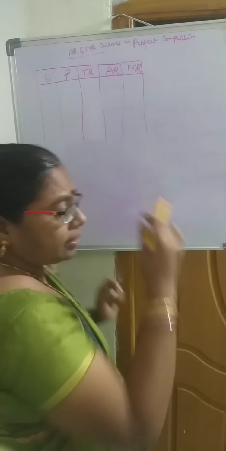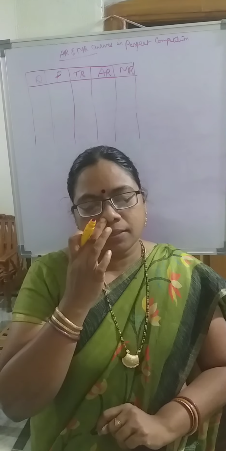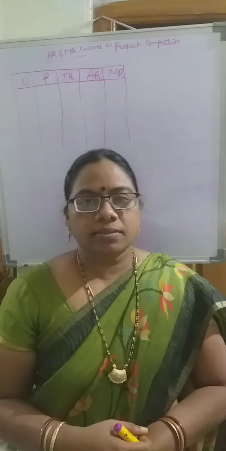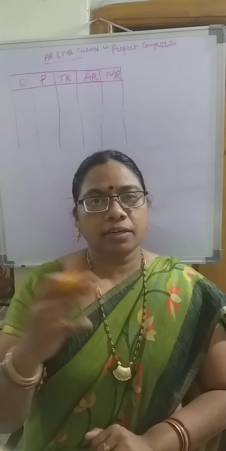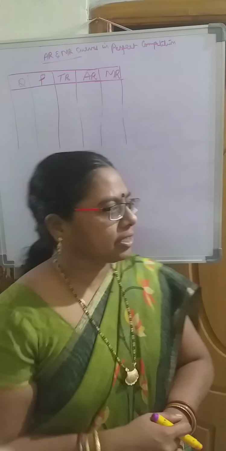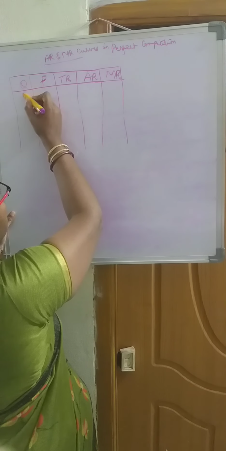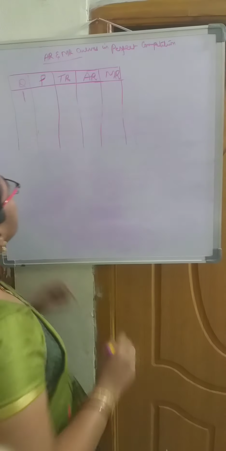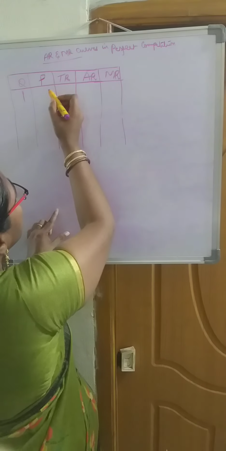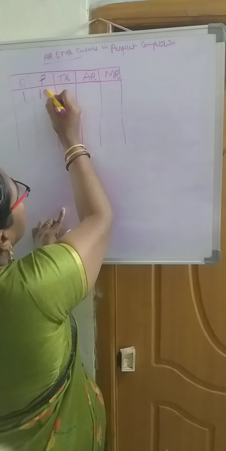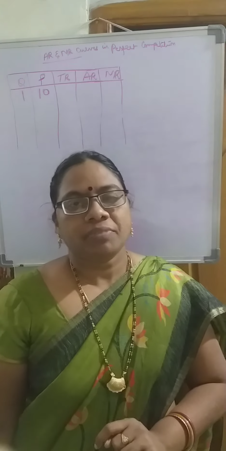Okay. So as you all know, in perfect competition, there are a large number of buyers and sellers with a single price, and many other important characteristics which are very different from imperfect competition. So now when a firm has produced one quantity, and if it is ready to sell this one quantity at a price of 10 rupees, what is TR?